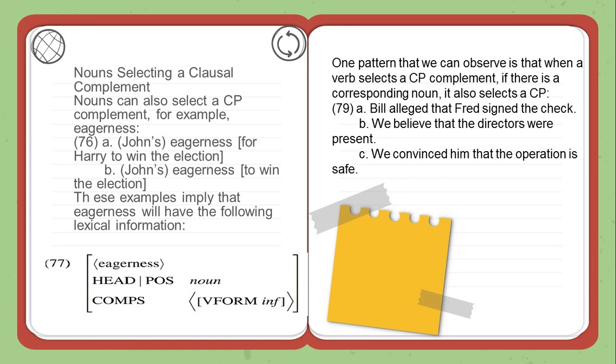Next, one pattern that we can observe is that when a verb selects a complement, if there is a corresponding noun, it also selects a complement. A. Bill alleged that Fred signed the check. B. We believe that the director was present. C. We convinced him that the operation is safe.